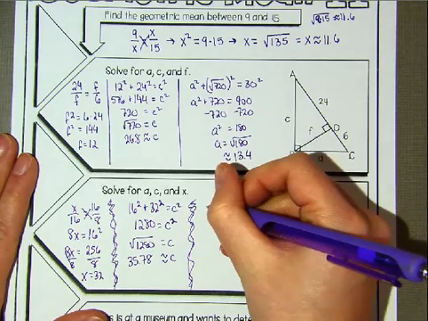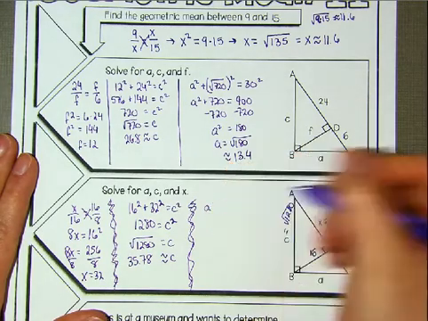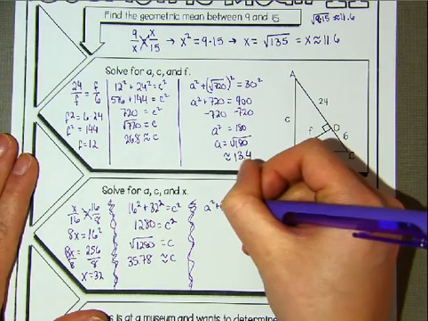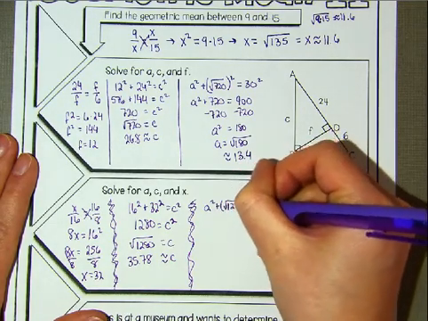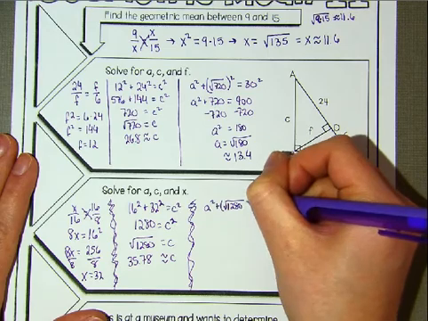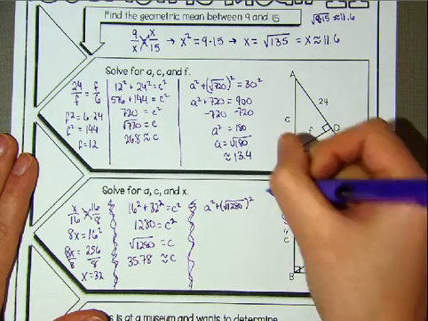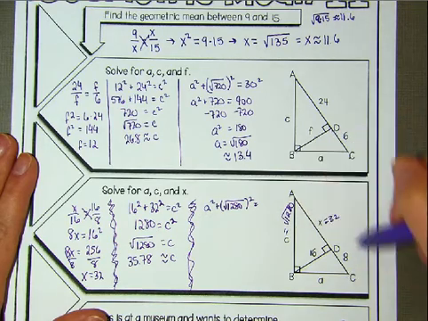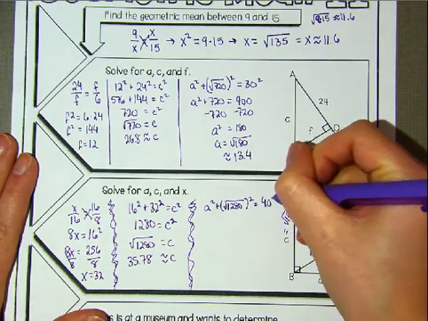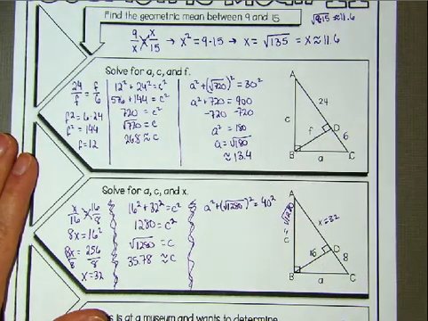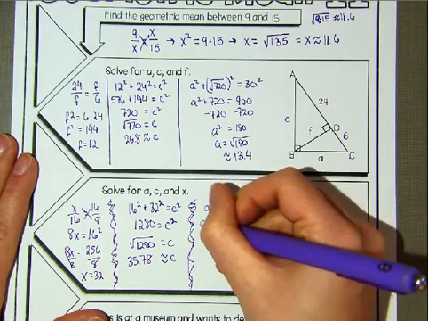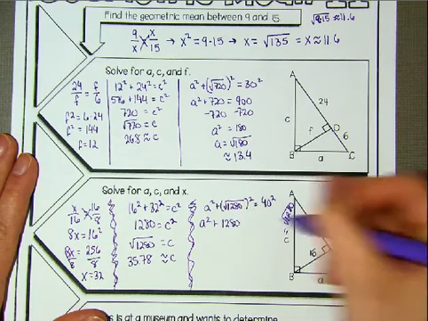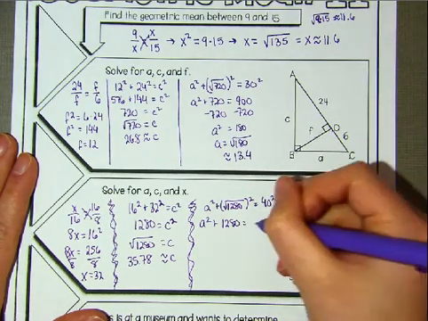So again, using the Pythagorean theorem, we have a squared plus 1,280, the square root of that, squared, and that's going to be equal to 40 squared. We have a squared plus, this is just going to be 1,280. 40 squared is 1,600.